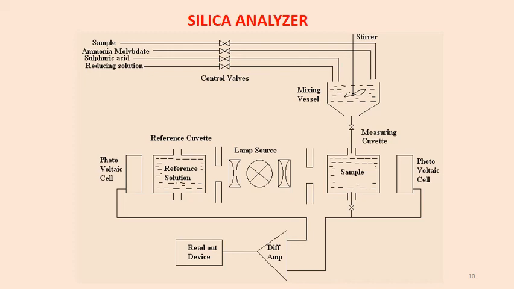The output of the two photovoltaic cells drives the differential amplifier, and the amplified signal is read through the readout devices. In this, if both the reference solution and the sample have the same concentration of silica, the output of the differential amplifier is 0.